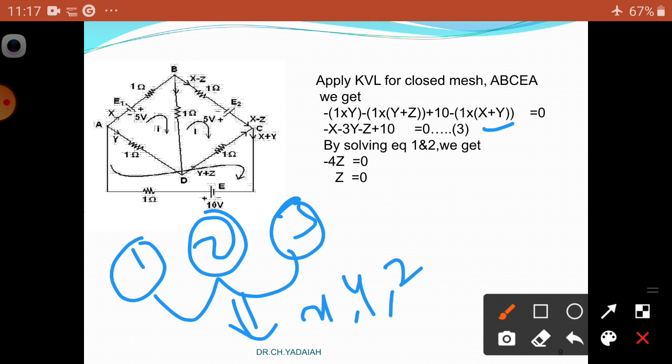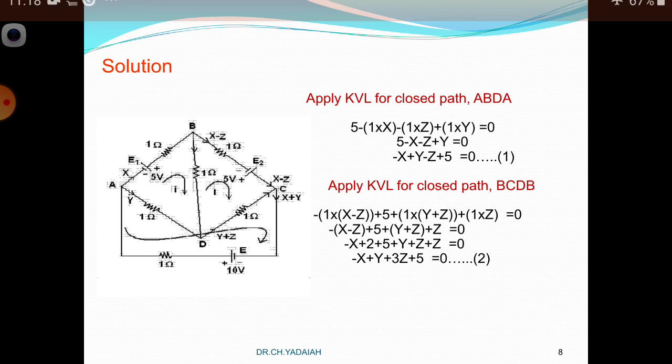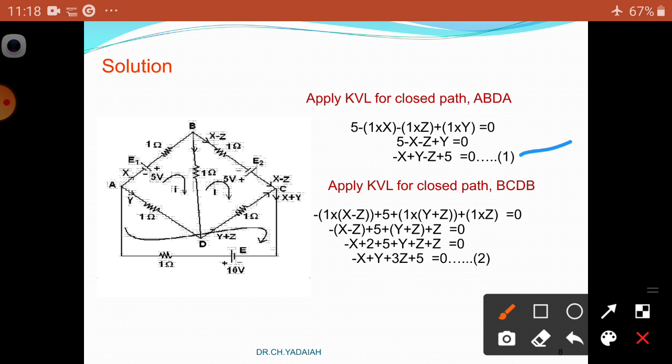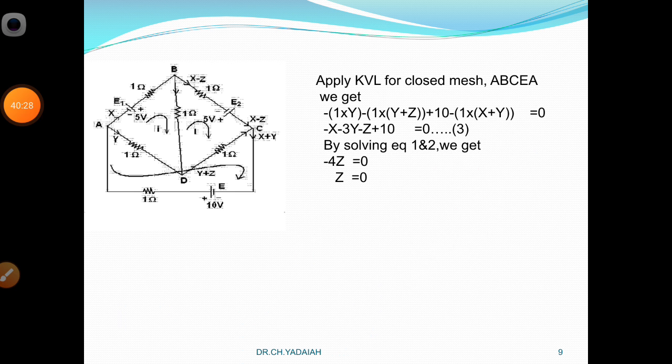Now, by solving the first and second, you take the two equations. What is the first equation? We took the first equation previously. This first equation is this one: minus x plus y minus z plus 5. As we know, what is the first equation from the loop?